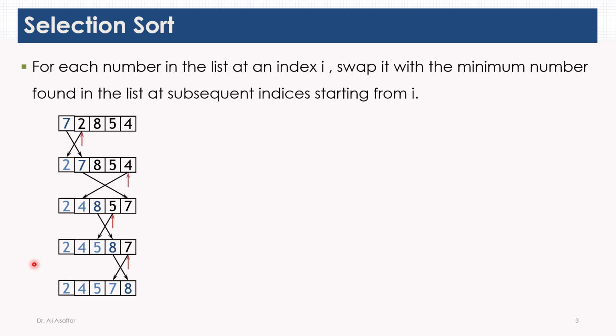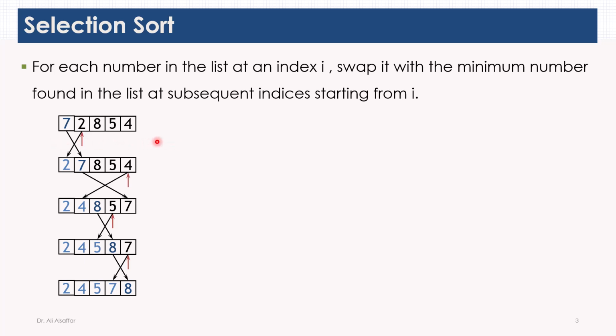As you see, the algorithm depends on swapping between elements inside the array. Notice that the array size is 5, so the last index is 4, but for processing the elements, we process from 0 until the element immediately before the last element, which is at index 3.